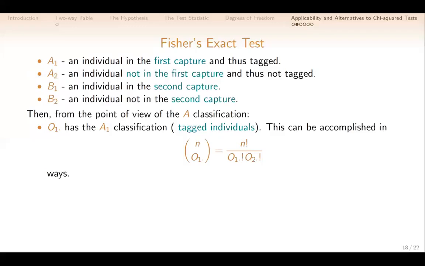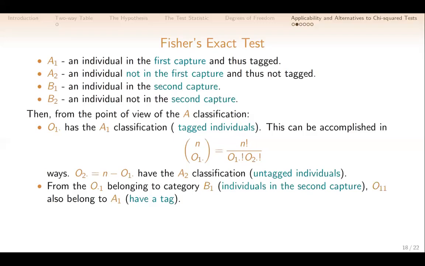Again, if you had more than 2, it would be a multinomial coefficient, but we'll stick with binomial coefficients. And I wrote it out because it's going to be important soon to see the whole set of products written out. Okay, then O2 dot has to be n minus O1 dot, right? And they have the A2 classification, because either you're an A1 or an A2, and that has to add up to n. So either you're tagged or not tagged.